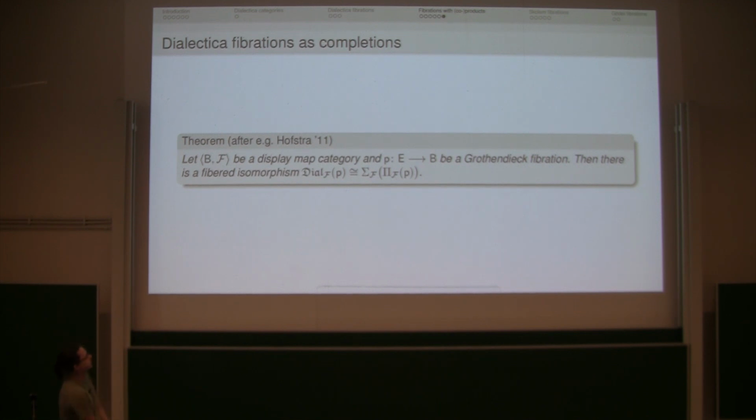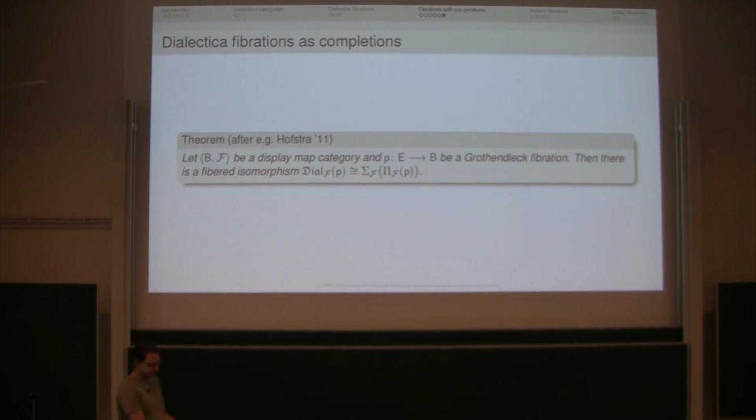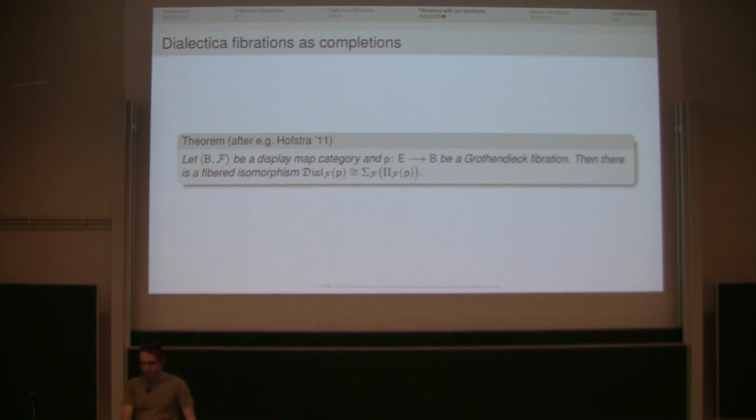So it turns out that the dialectica construction can be described as the iteration of first taking the completion with respect to the fiber products and then with respect to the fiber sums, and that pays tribute in a precise sense to that name dialectica fibration, because we want to have as outputs of the dialectica interpretation formulas of the form there exists, such that for all, such that some formula holds, and this sigma pi sequence is exactly the categorification of this.